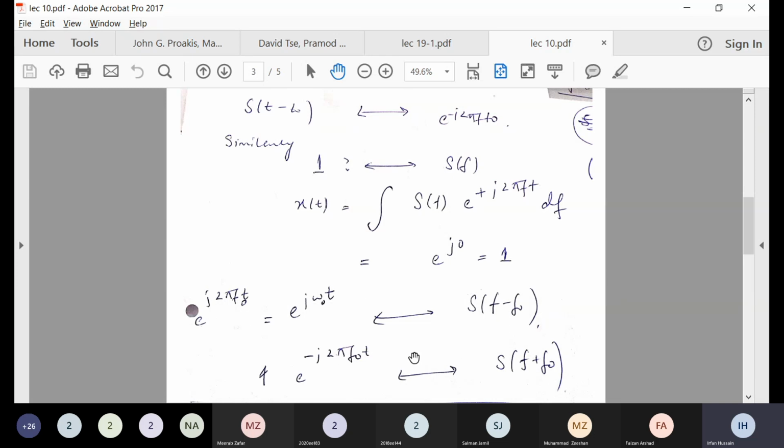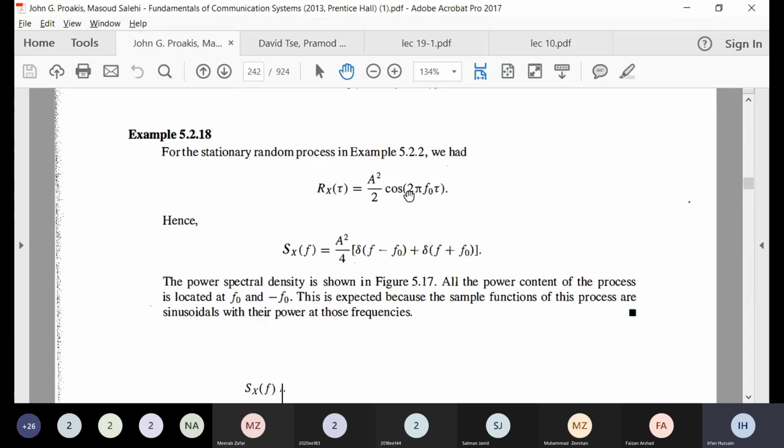So e to the j this and e to the minus j this, and we can just see now cos is e to the j plus e to the minus j over 2, each will give you this impulse. This will be your 1 over 2 makes it 1 over 4. This will be your PSD of your random process.